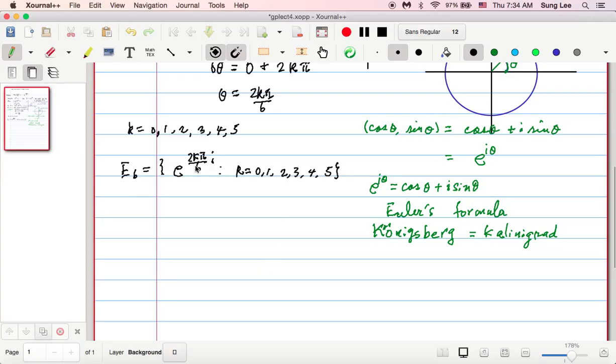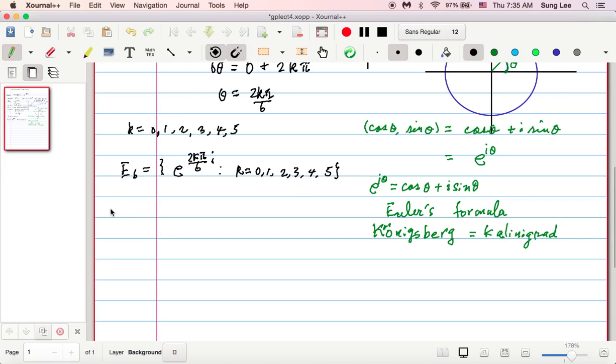Okay? In fact, excuse me, if you plot these points, you get a beautiful geometric structure. So you can actually easily plot those points.